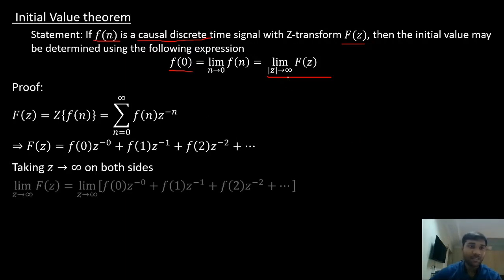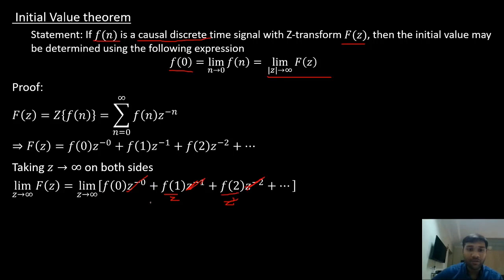Now I am going to take the limit mod z tends to infinity on both sides. So on my left side it becomes limit z tends to infinity F of z, and on the right hand side I also have limit z tends to infinity. So what happens if z tends to infinity on the right hand side? The F of 0 term has no z, and the other terms are F of 1 by z and F of 2 by z square and so on.